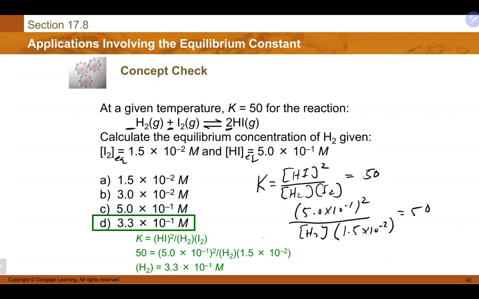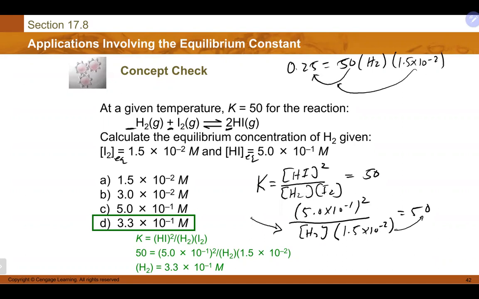We would basically multiply everything on the bottom to the other side. So 5 times 10 to the minus 1 squared would give us 0.25, equals 50 times H2 times 1.5 times 10 to the minus 2. Again, just multiplying everything on the bottom to the other side. We then can bring both of these back over to the other side by dividing.